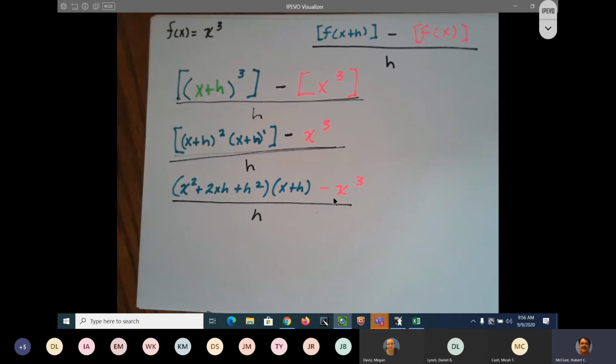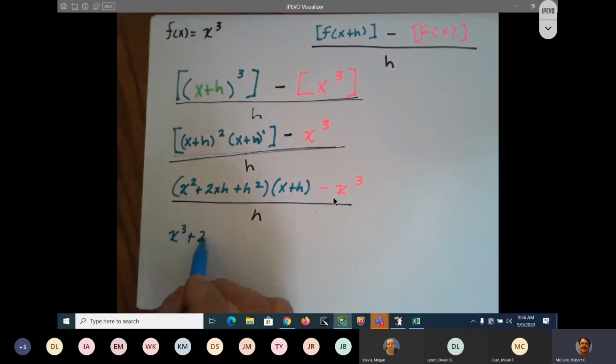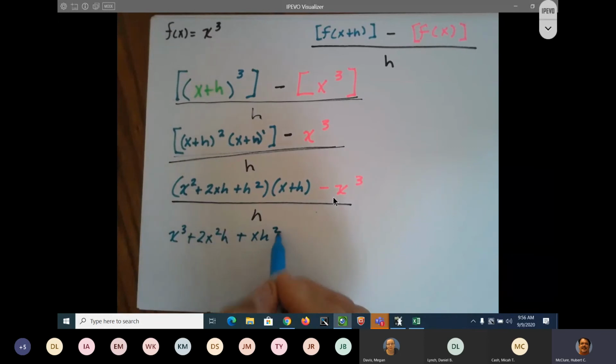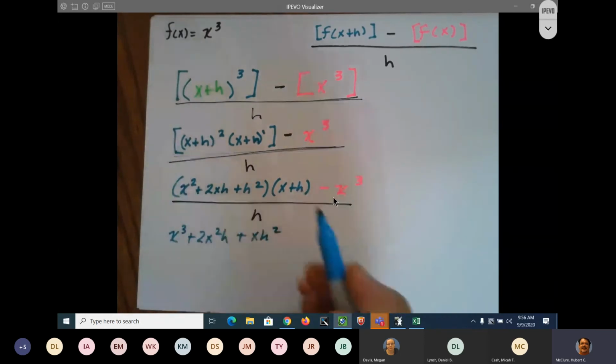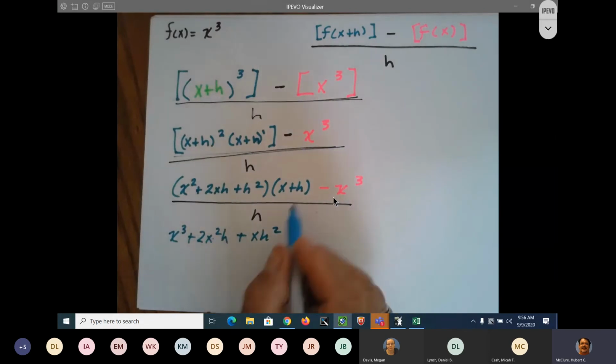So I'm going to distribute this X in my head, and that's going to be X to the third plus 2X squared H plus XH squared. Then I'm going to distribute the H in my head, and since I've got an X squared H, I'm going to call it X squared H right here.